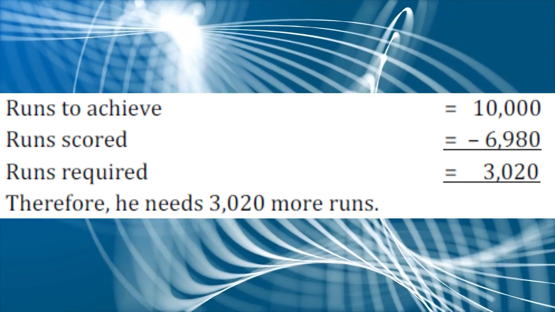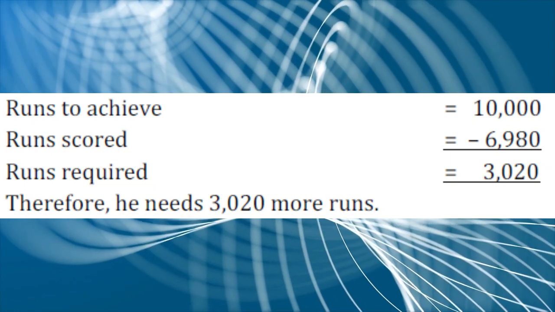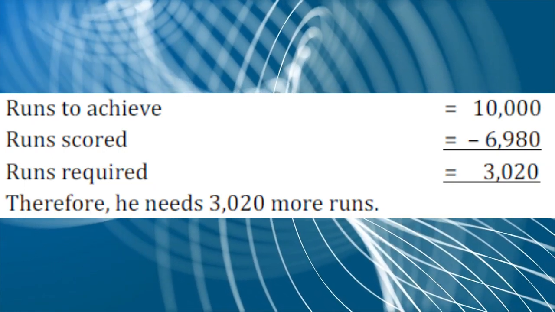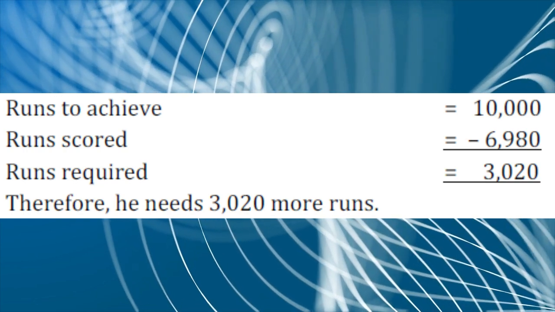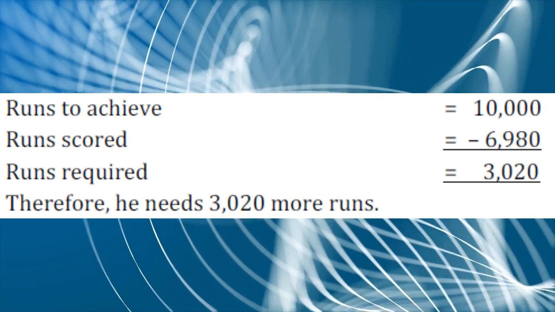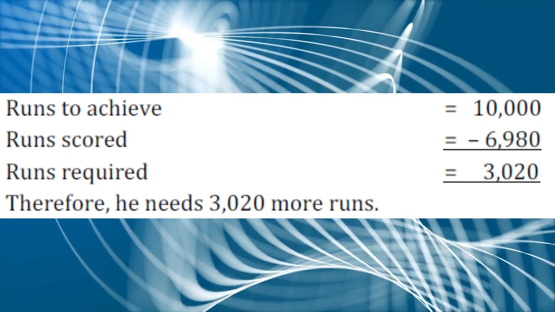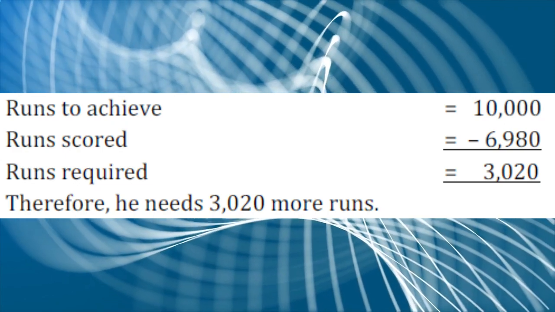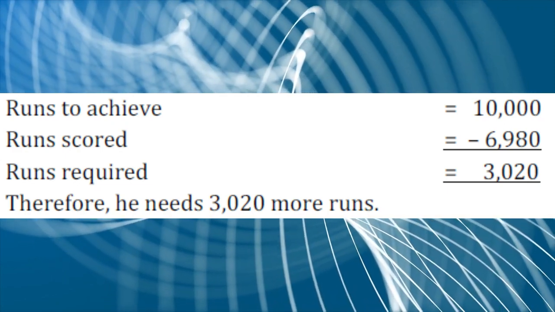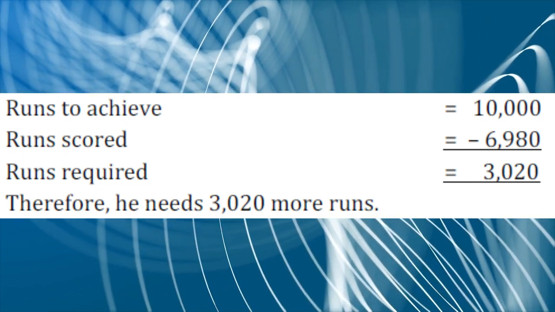Once again, I am just reminding you that please write the numbers according to the place value so that you will never make mistakes. After subtraction, the runs required is 3020. That is, he needs 3020 more runs to complete his 10,000 runs.